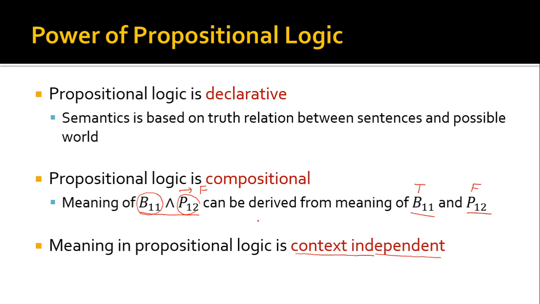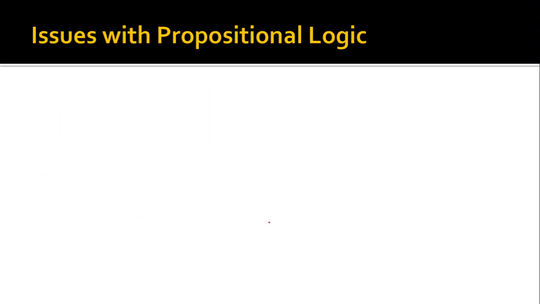Even if it is used in other contexts, for example, B11 or not Q11, the meaning of B11, or the truth value of B11, will be the same. So the meaning of one part is independent of the context in which it appears.